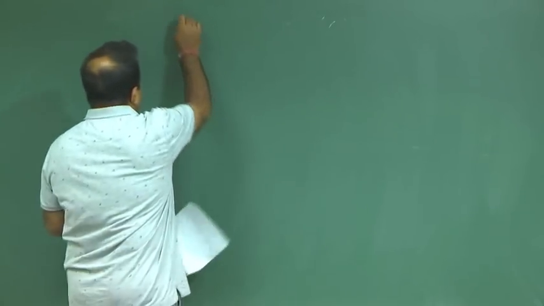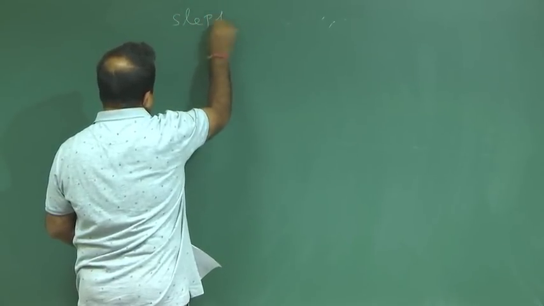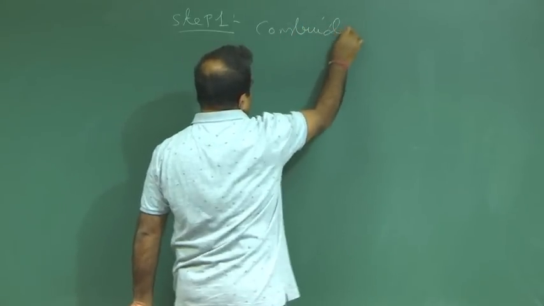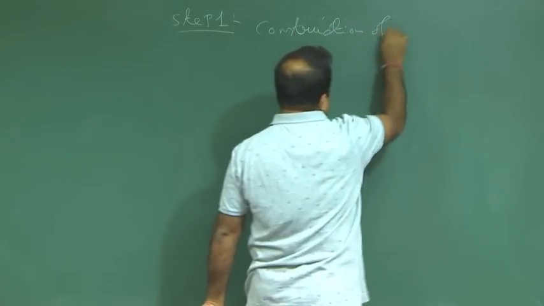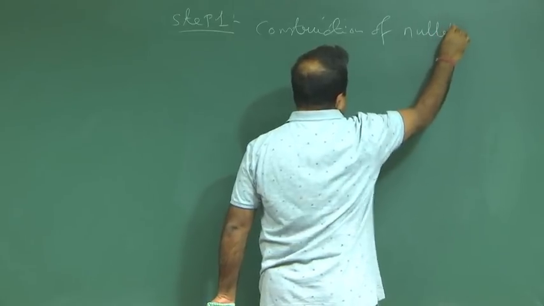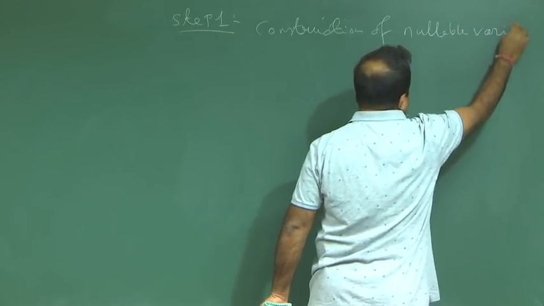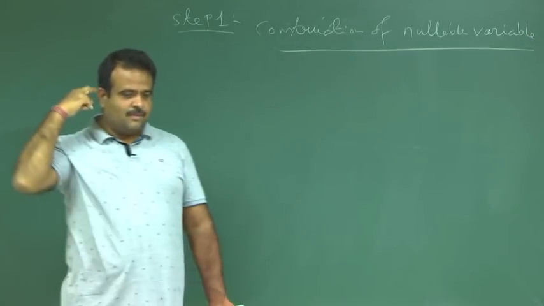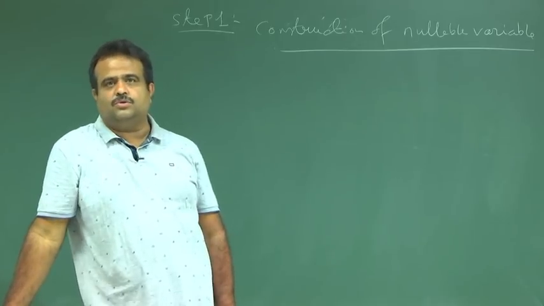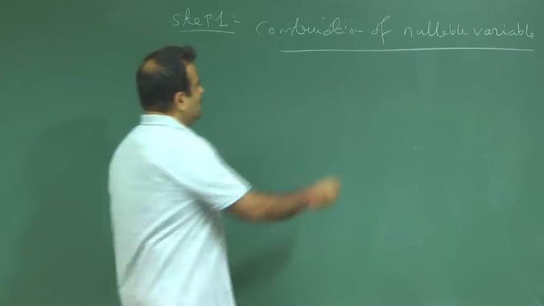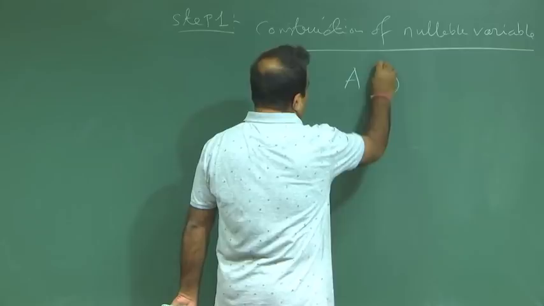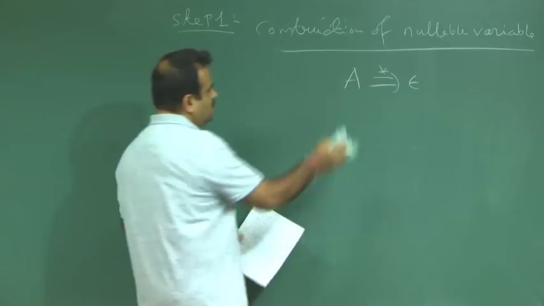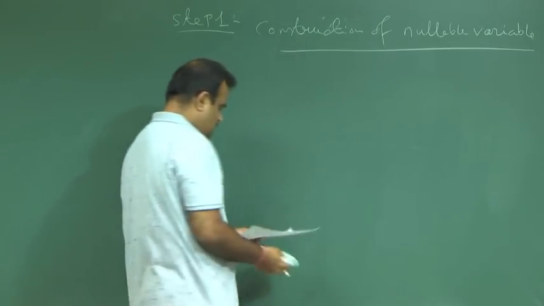So, this is the first step, construction of nullable variables, I mean the variables from which epsilon can be derived. A is nullable if epsilon is derived from A. We want to find all the nullable variables.